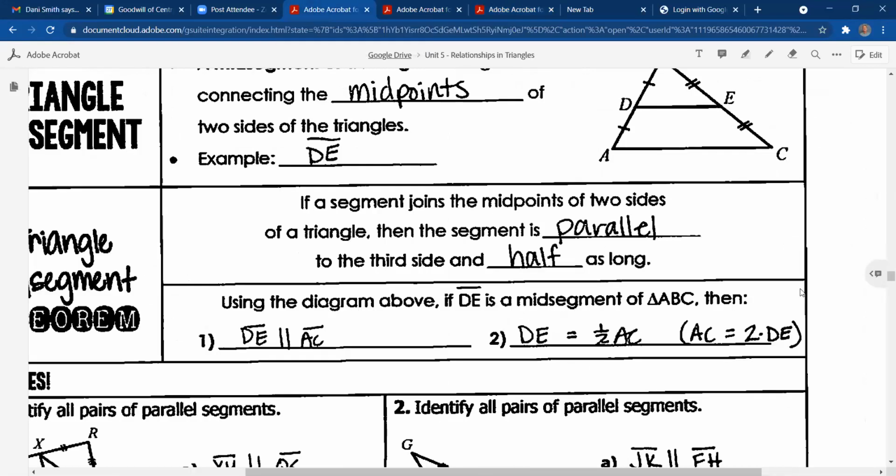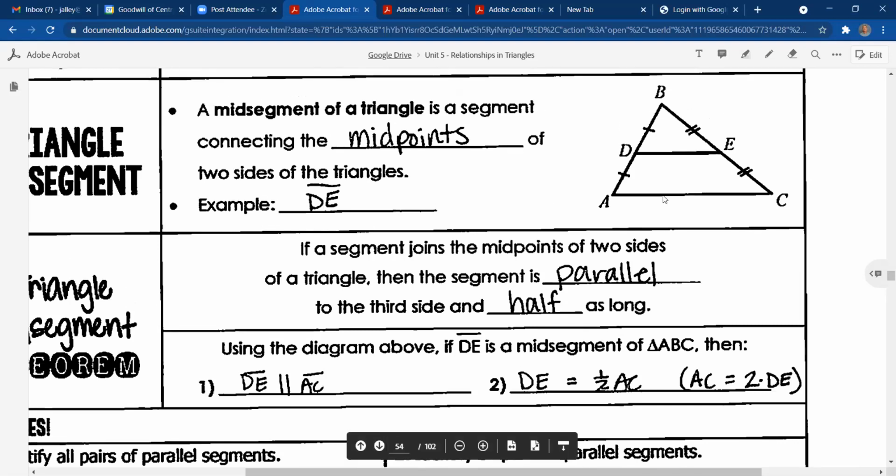And all they're doing is using these 2 equations right here. It's the same equation written in 2 different ways. That mid-segment line is half of the side of the triangle that it's opposite.